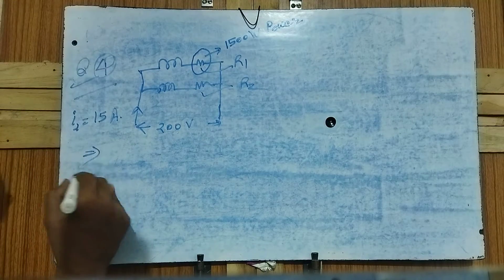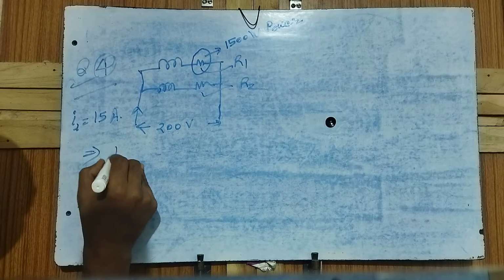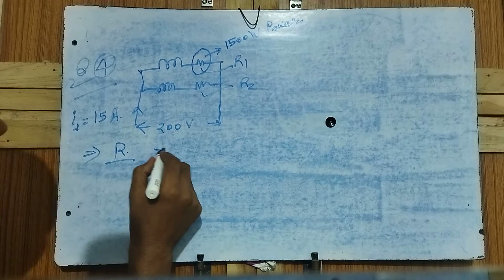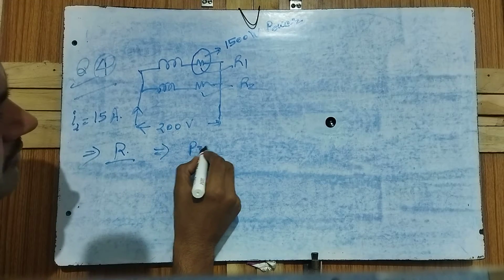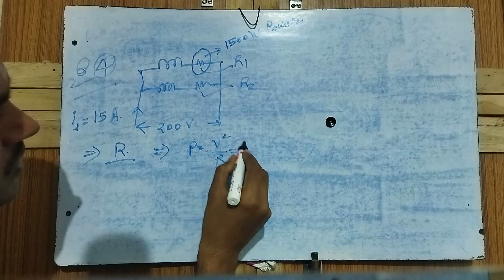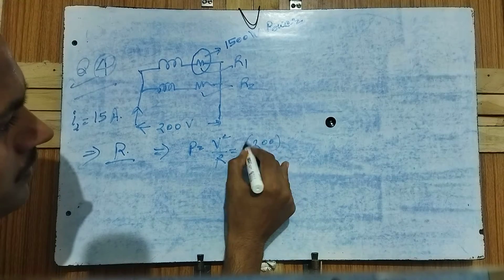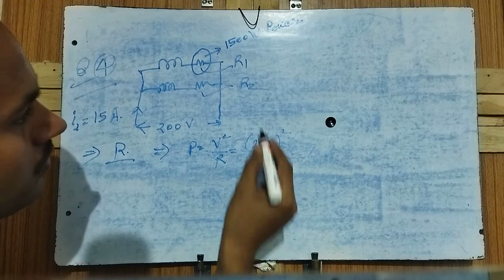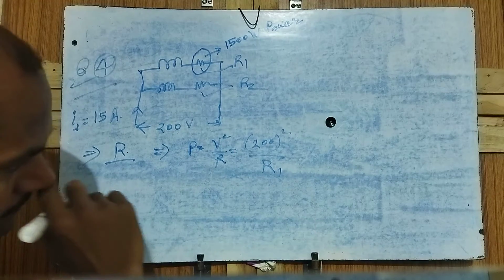We know that the power is dissipated only because of resistance R. So the power P is V square by R. V is 200 volt, squared, divided by R. We don't know R, let it be R1.